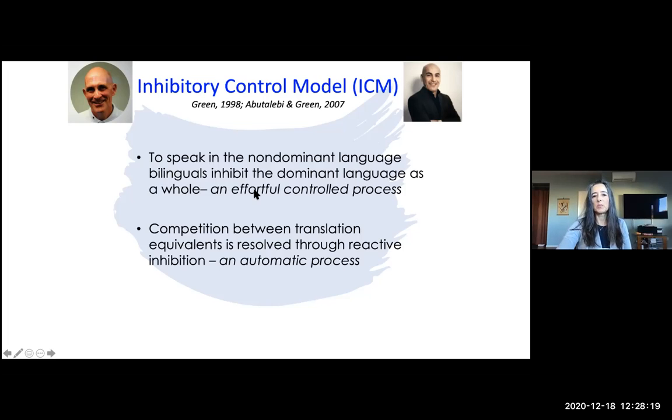The hypothesis is that to speak in the non-dominant language, bilinguals inhibit the dominant language as a whole, and this is an effortful and controlled process. There's also competition between translation equivalent lexical representations, which is resolved through reactive inhibition and is a relatively more automatic process.